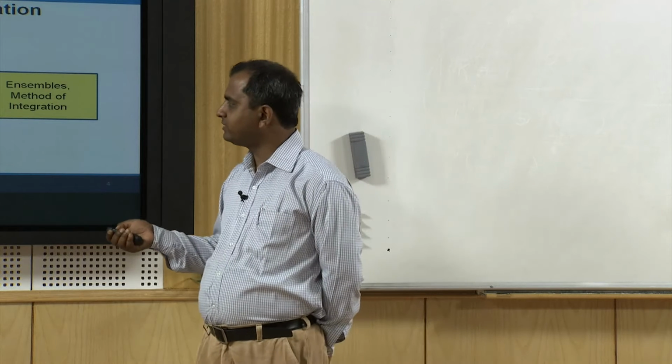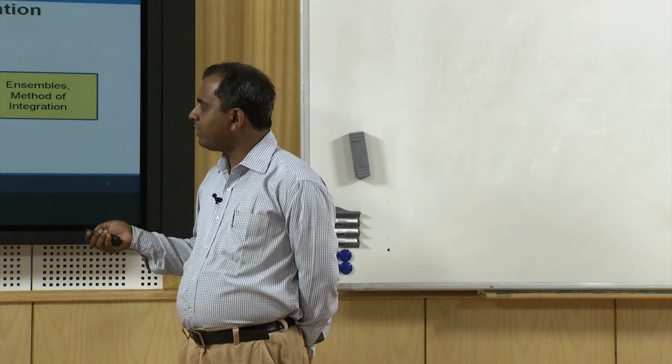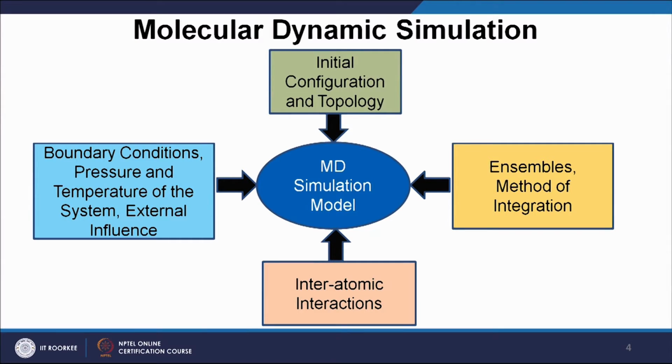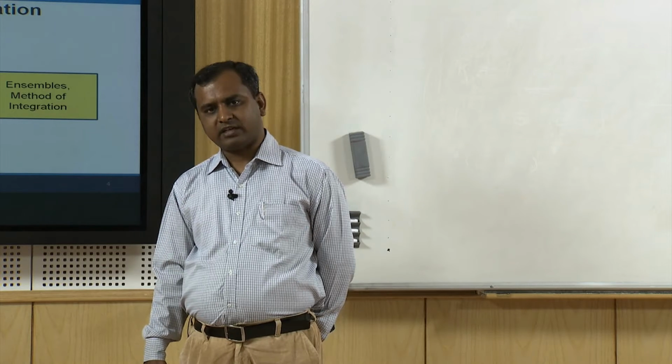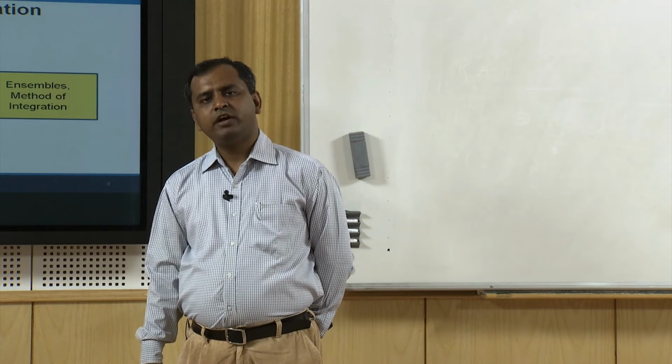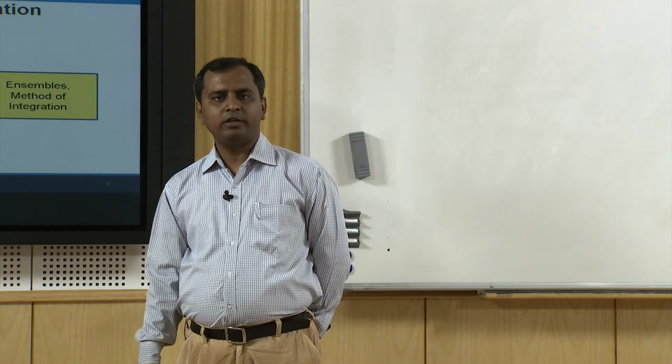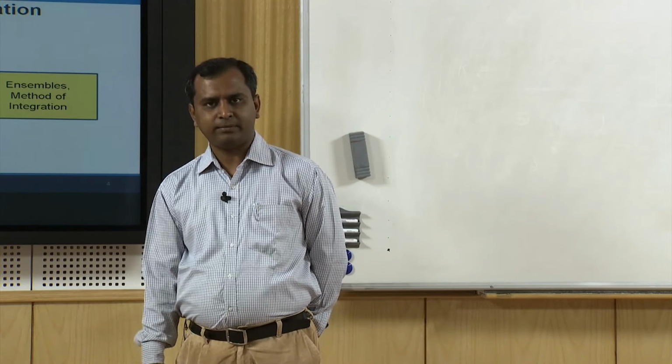Those will be finalized in this block. Apart from that, we also have to give ensembles, that means we need to decide which quantity we are going to fix, whether it is the number of molecules, temperature, or pressure. Those will be decided in these ensembles.